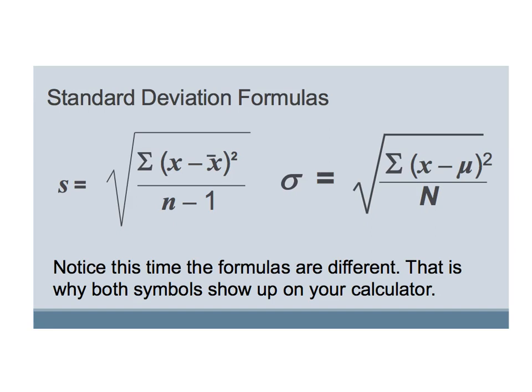So because these have different formulas, when we do these in the calculator in a minute, you're going to have an S and a sigma because you're going to have two different numbers. Whereas with the mean, I only have an x bar because mean and mu are calculated exactly the same way.